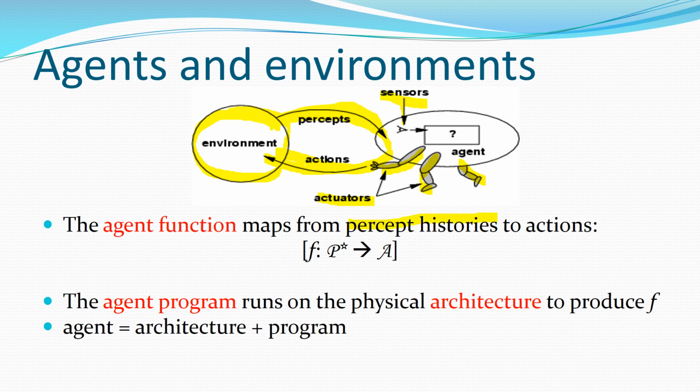So we are here to design an agent function that will map the percept history into desirable actions. P star stands for the percept history, and after perceiving the history, the agent is going to act in the environment. A stands for the action, and this is the agent function, which will map the percept history to the action. Now, what is an agent program?